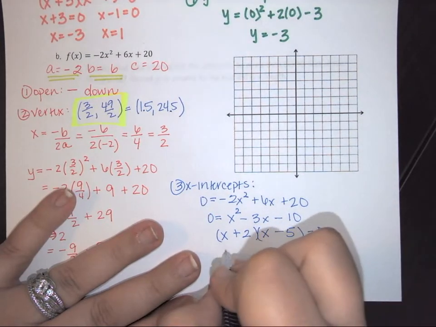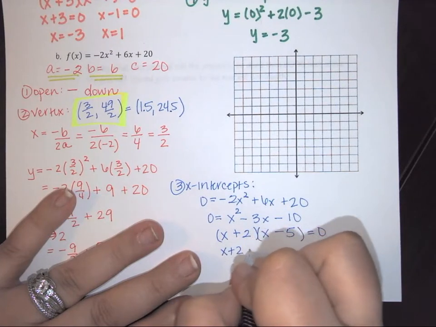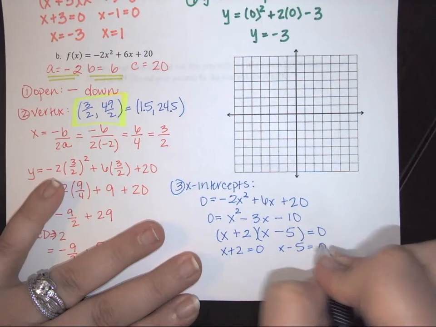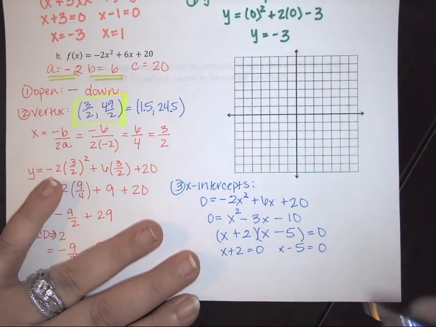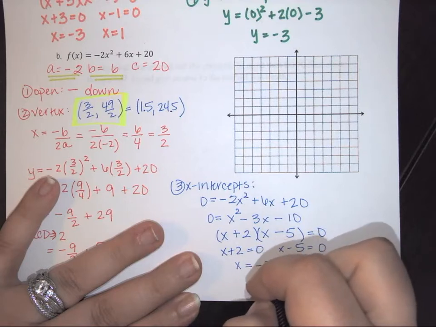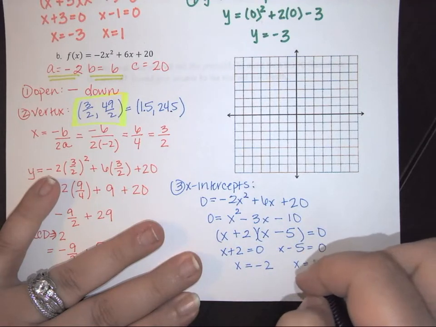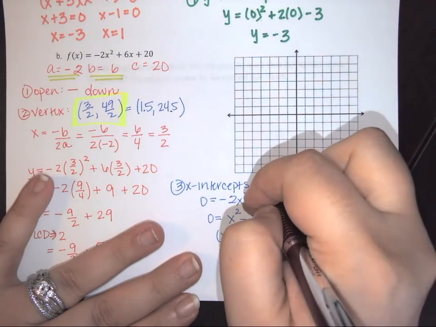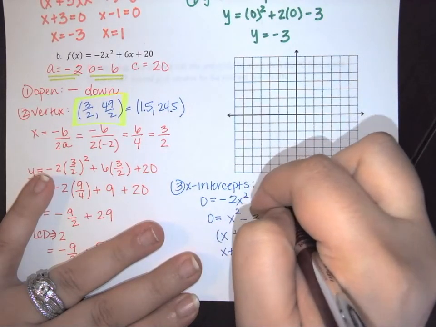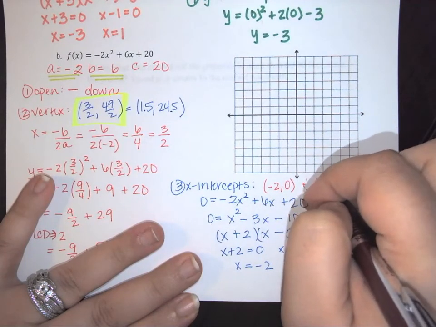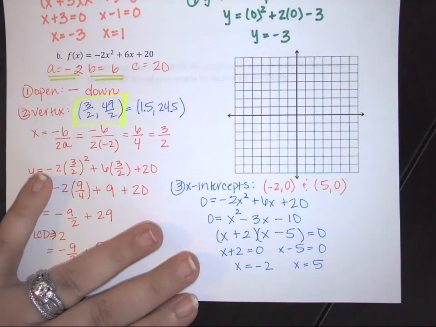You're going to set each part equal to 0, so x plus 2 equals 0, and x minus 5 equals 0. You're going to solve them. So here you get that x equals negative 2 and x equals 5, thus giving you the coordinates negative 2, 0, and 5, 0.